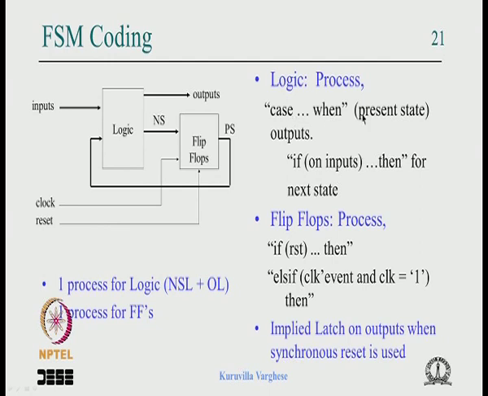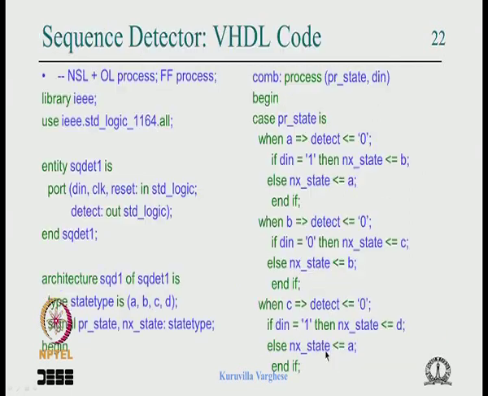Case on present state, you state what the outputs are for each choice, and in each choice we write if on input for all the transitions, okay. And as usual the reset is in the flip flop process, and when synchronous reset is used there will be an implied latch. I will show you soon how that happens, okay.